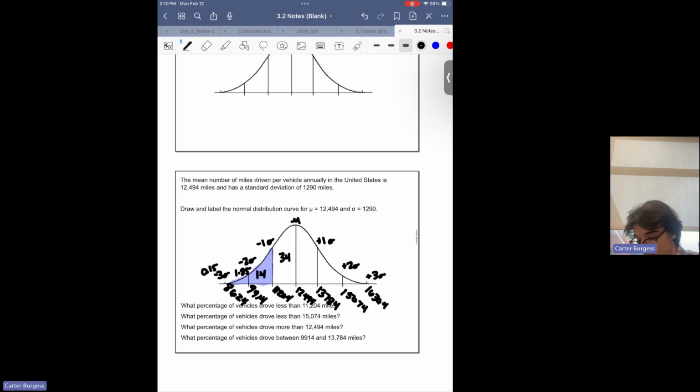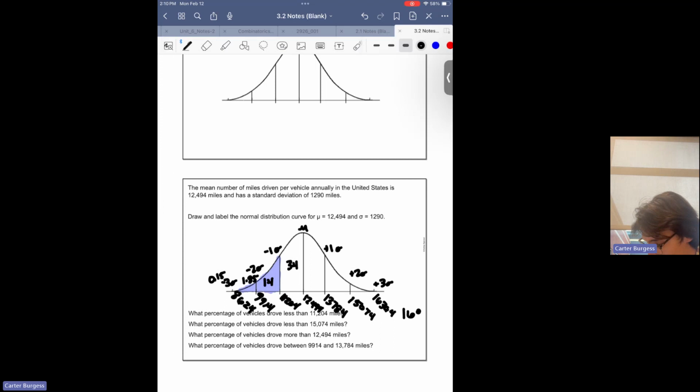So we don't even need to do all of that. We just need to add all of these. 1.85 plus 0.15, adding them all together, and we get that we should have 16% of our data to the left of this.